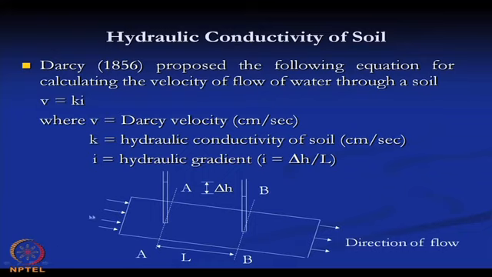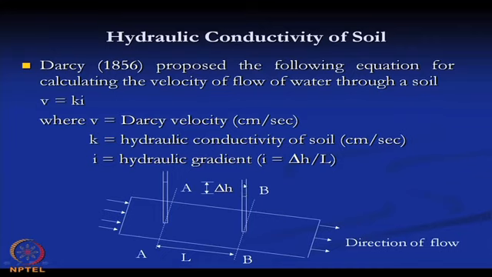Now, what is del H by L? If water is flowing in this direction, and if we take the height of the water at two locations, then it will show some difference, otherwise this flow will not occur.